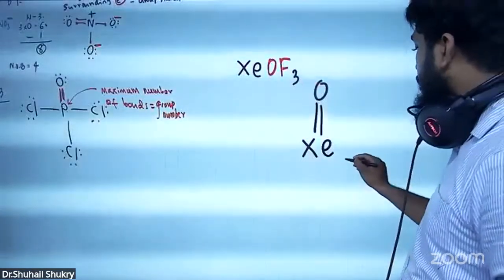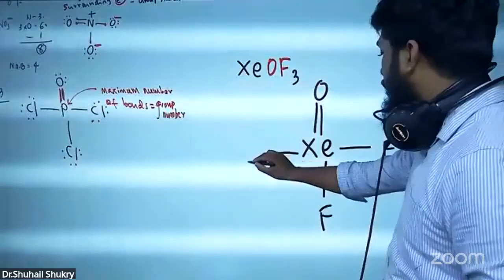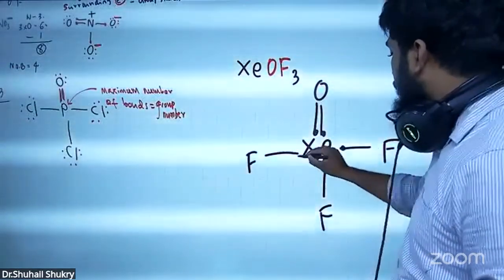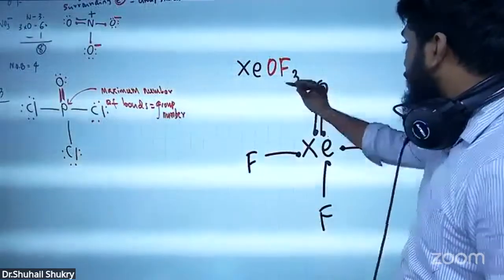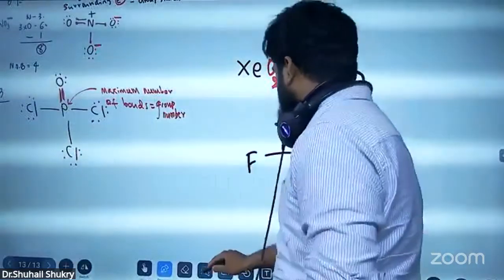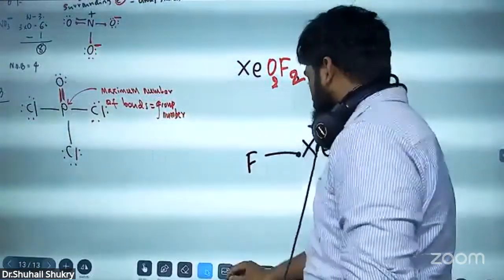There are 3 fluorines, and they will connect like this. Then around xenon there should be 8 electrons. Now 1, 2, 3, 4, 5. We'll think XeO2F2 will be put. XeO2F2, I'm sorry.